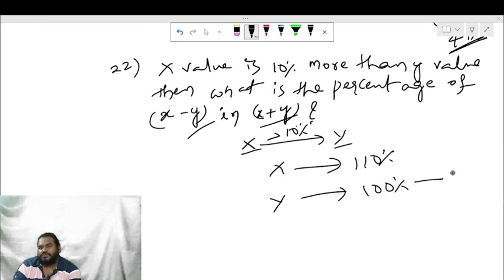Or else you can take the Y value as 100. If you take per 100, the X value will easily become 110. So X is 110, Y is 100.